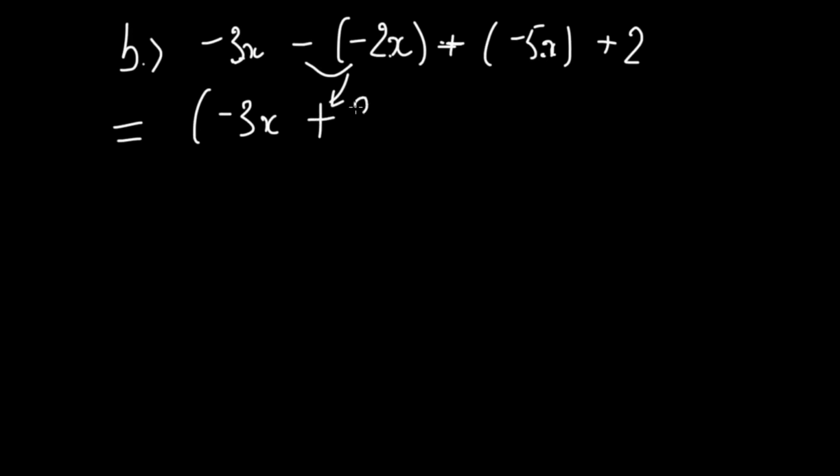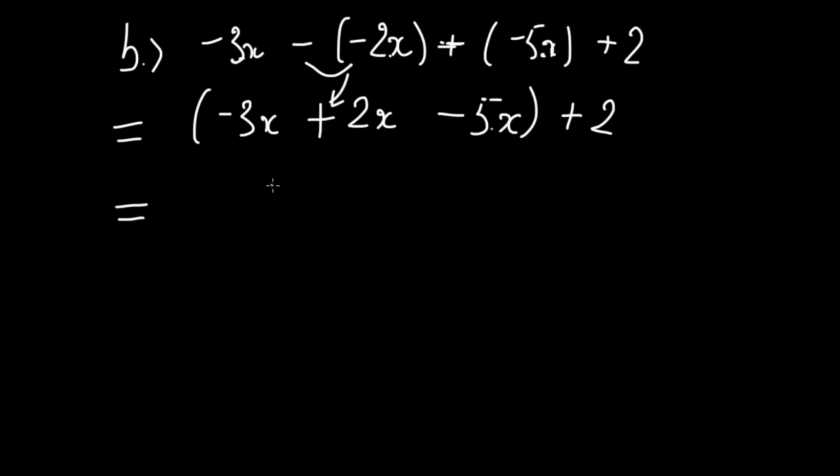So you got 2x right here. This one you get negative 5x, because add negative 5, you got minus 5x. Put it here, and add 2, because 2 is not a like term like the other ones in here.